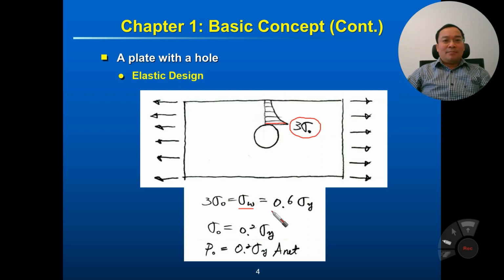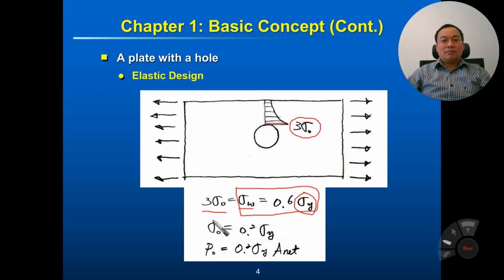And in the design code, we already know the allowable stress equals 0.6 of sigma y. Do you remember sigma y? Sigma y is the yielding stress, and allowable stress equals 0.6 of sigma y.